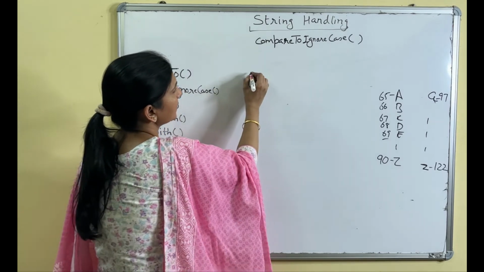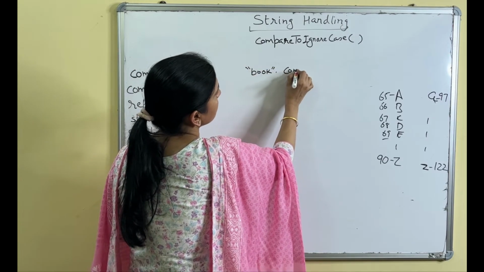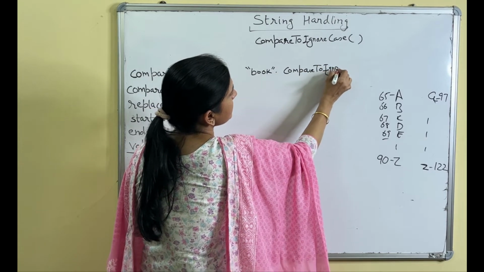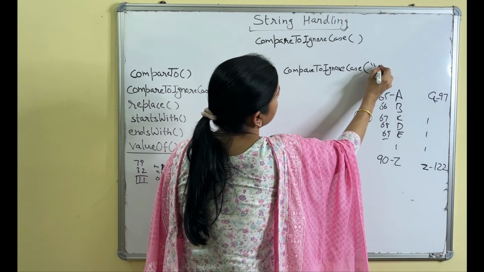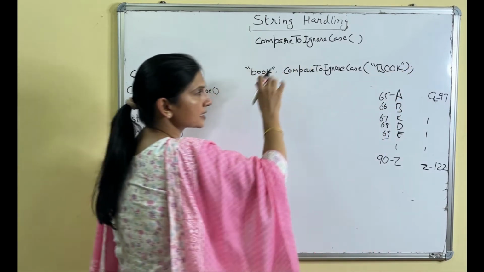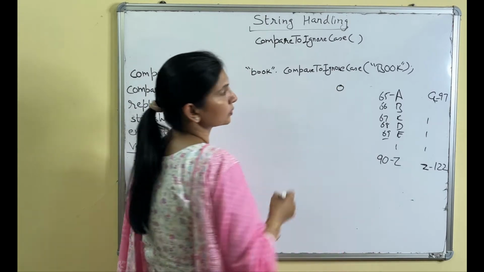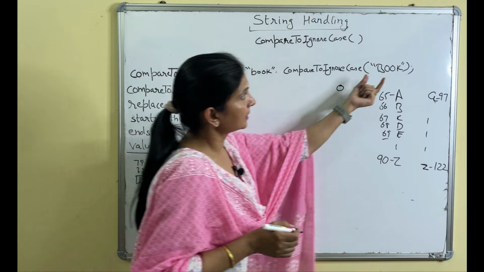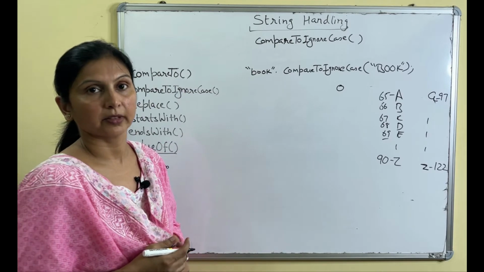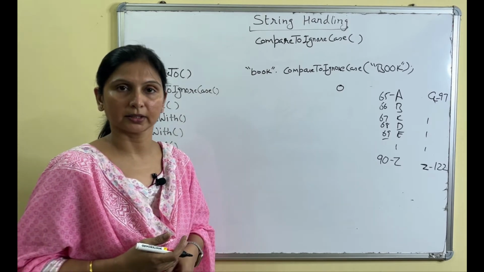For example, if I write book in small case dot compareToIgnoreCase, and then I write BOOK in capital. What will be returned here? In this case also the return type will be int. It will be 0. Why so? Because small case and upper case are the same for compareToIgnoreCase. So both cases will be considered the same. This is the only difference between compareTo and compareToIgnoreCase.